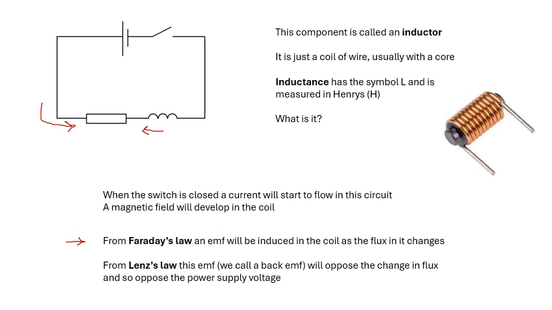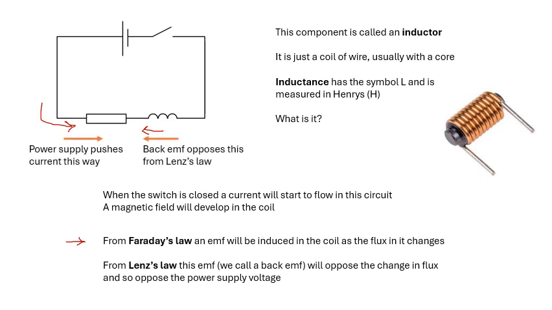So you've got the EMF of the power supply trying to make the flux bigger, and then you've got this induced EMF opposing that from Lenz's law. Faraday's law, Lenz's law, you need to know them anyway for the core. The power supply pushes the current that way, the back EMF opposes that because of Lenz's law.